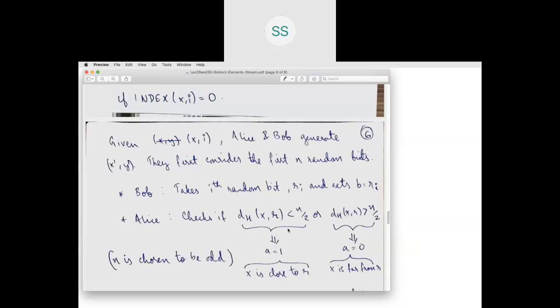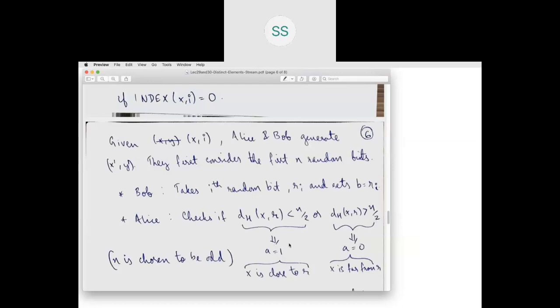If it is strictly less than half, Alice sets a equal to 1, and in the latter case, Alice sets a equal to 0.